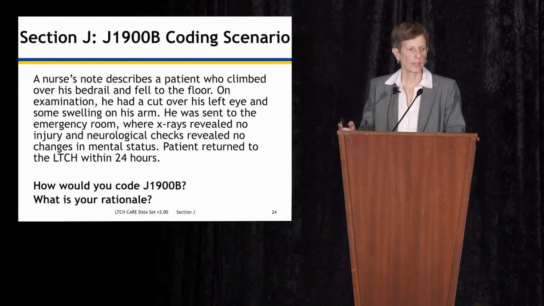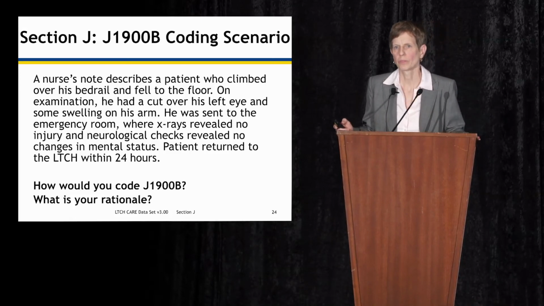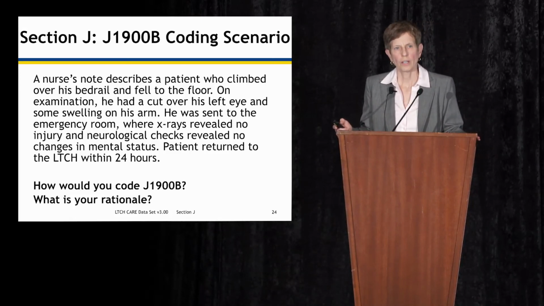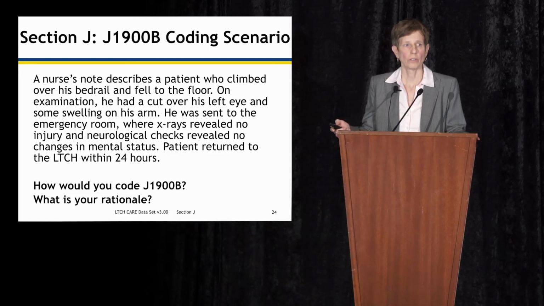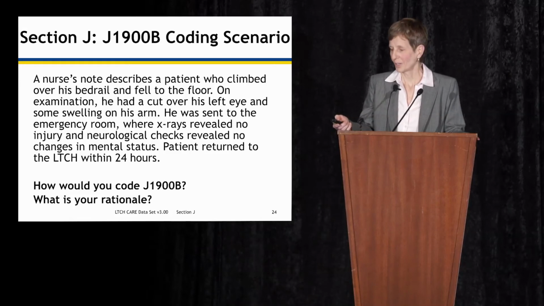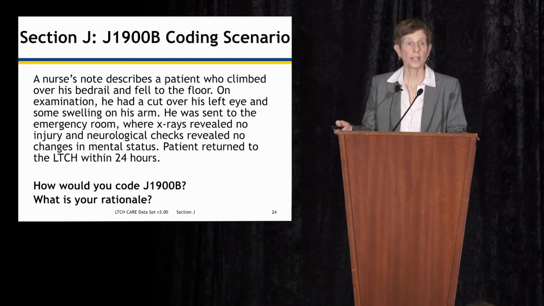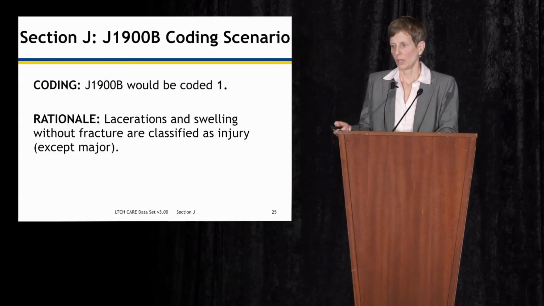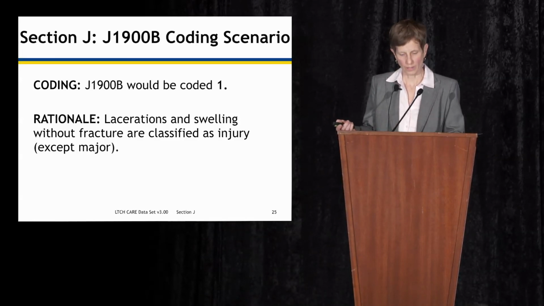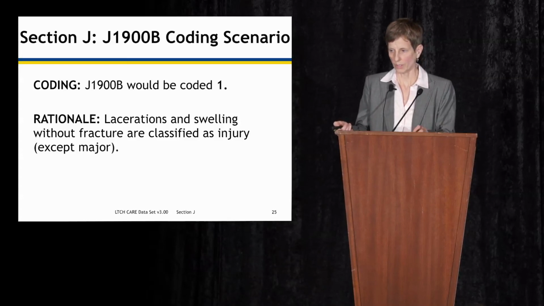So he had a cut over his left eye and some swelling on his arm. How would you code J1900B? 0, 1, or 2? Don't be shy there. Okay, the majority, it looks like everyone in fact had coded it 1, which is correct, very good. Lacerations and swelling are considered to be an injurious fall, except major, so that was coded correctly.